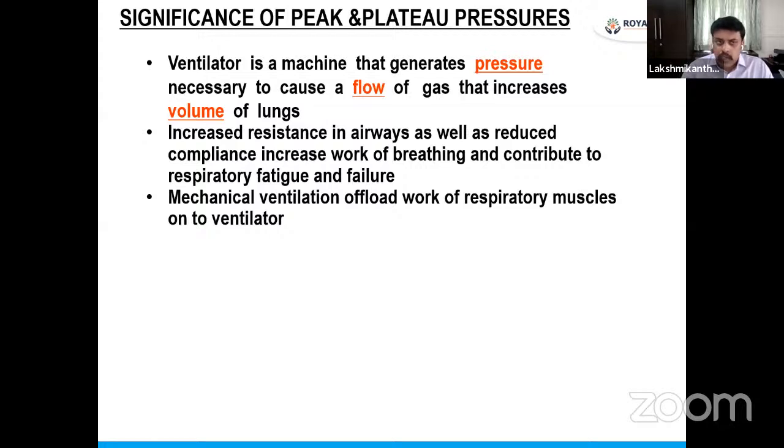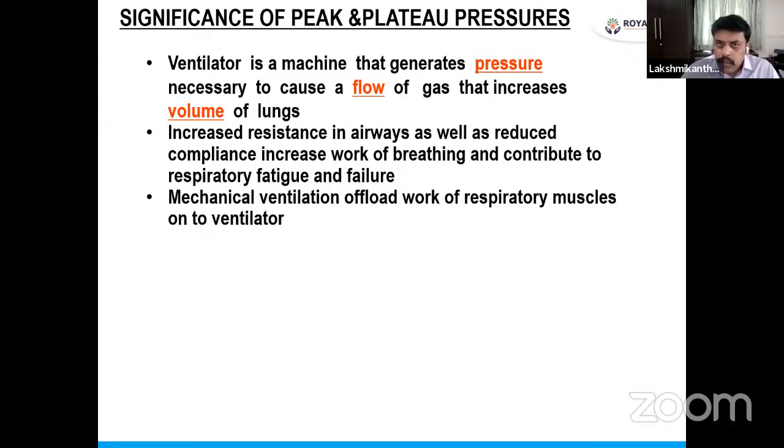So for this pressure being generated by the ventilator and the flow of air causing an increase in the volume in the lungs, there are a lot of parameters which influence them, and it all depends on the pathology of the lung being ventilated and the amount of damage that the lung has had.